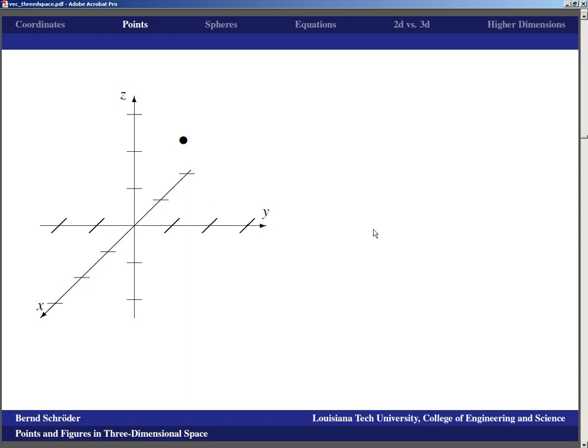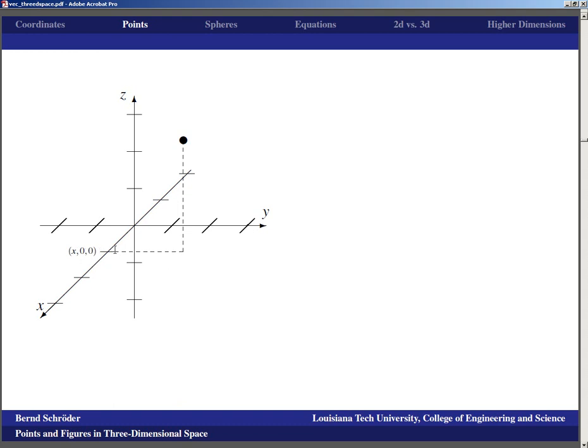So here, in order to draw where the point actually is, if we're just interested in one point, we would just drop a vertical line to the xy plane. And from the bottom point of that vertical line, we would draw a line parallel to the y-axis going to the z-axis, and that would give us the point x, 0, 0.